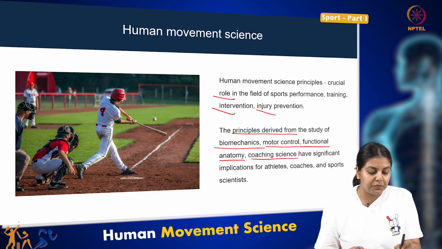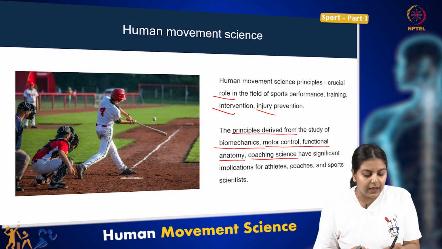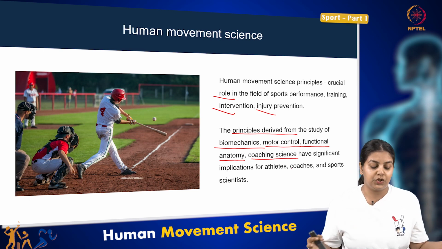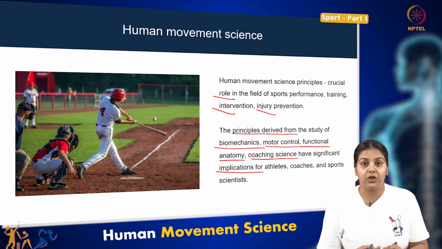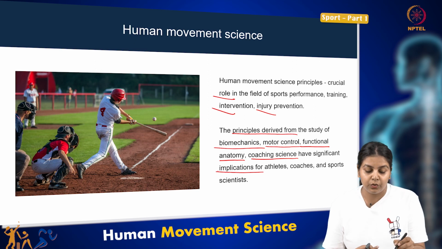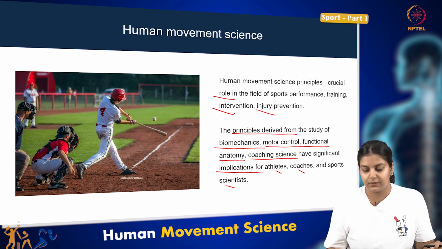We've also touched briefly on what coaching science is, and some principles of coaching science, though we haven't gone into depth as it's a field in itself, right? So how does the integration of all of these four or five fields, which we'll see in the next few slides, have significant implications for athletes, right? For you, if you're an athlete or a coach or a sports scientist, it's quite important to understand these.